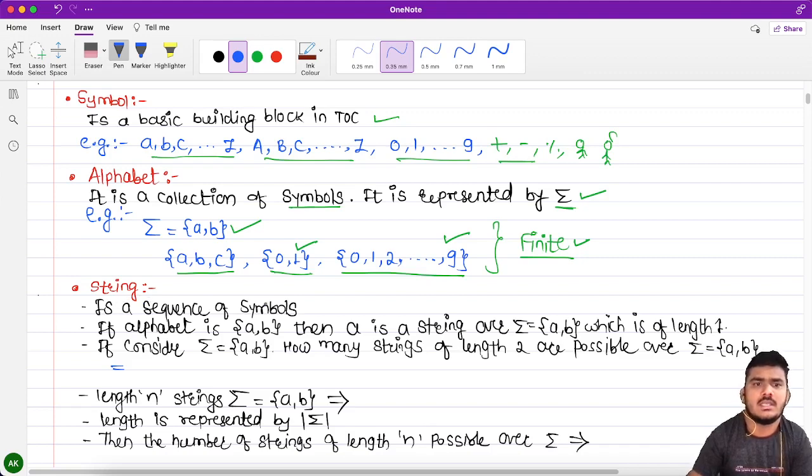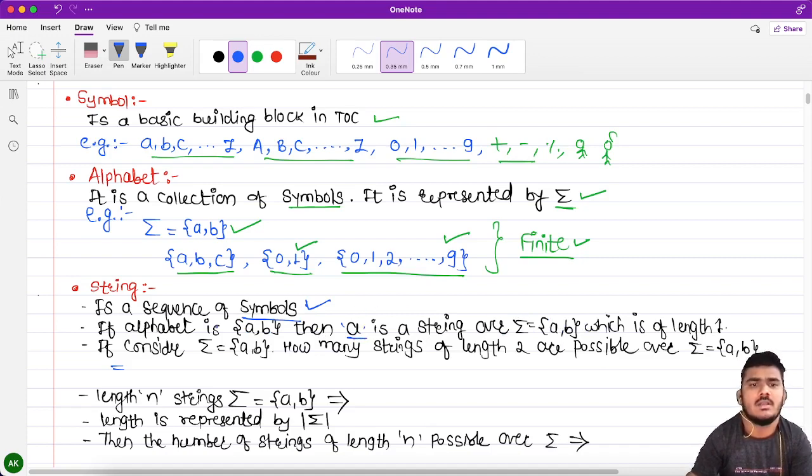Okay, the next terminology is the string. So a string is a sequence of symbols. We know symbols, so we can call a string a sequence of symbols. Then if the alphabet is a comma b, then small a is a string over the alphabet a comma b which is of length 1.